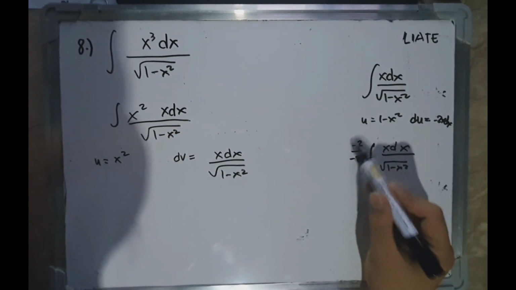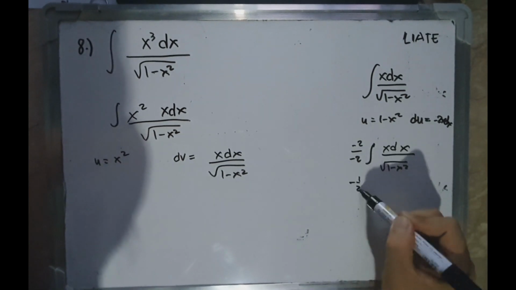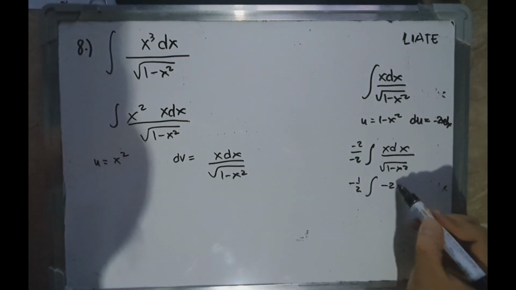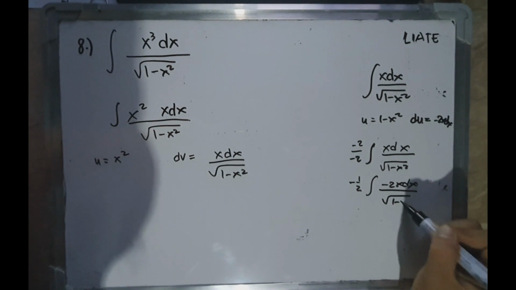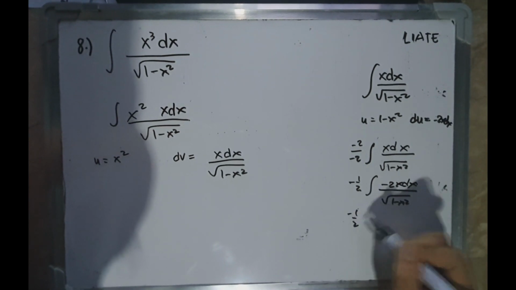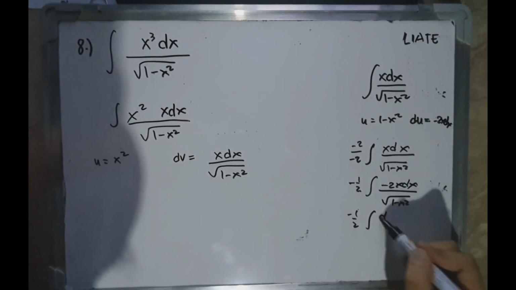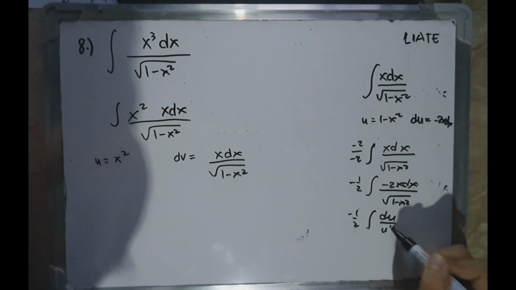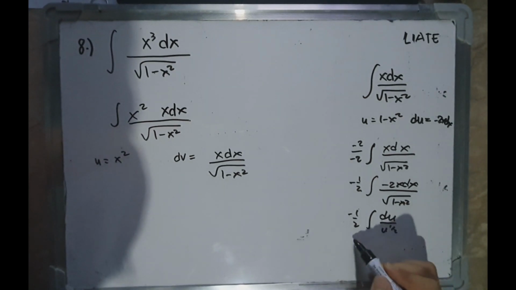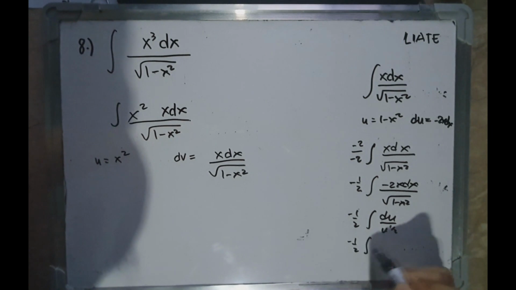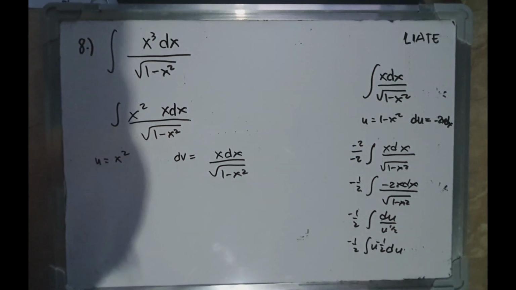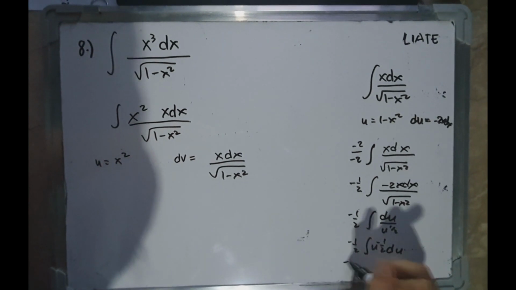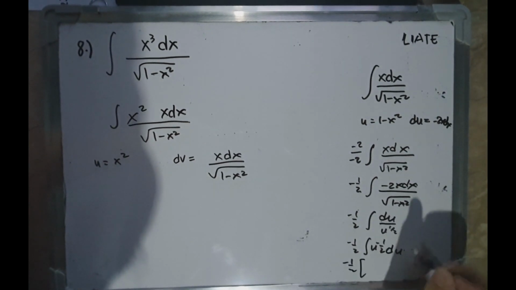Writing this one inside, we have negative 1 half integral of negative 2x dx over the square root of 1 minus x squared, negative 1 half. We have du, u raised to the power 1 half. Take the inverse, u raised to the power negative 1 half du. Negative 1 half.